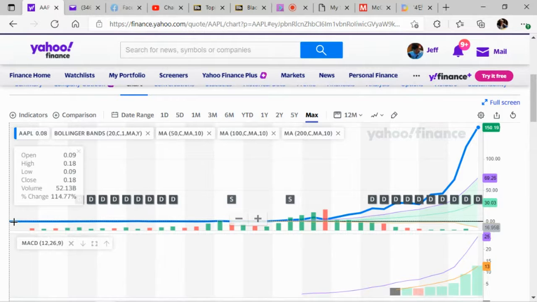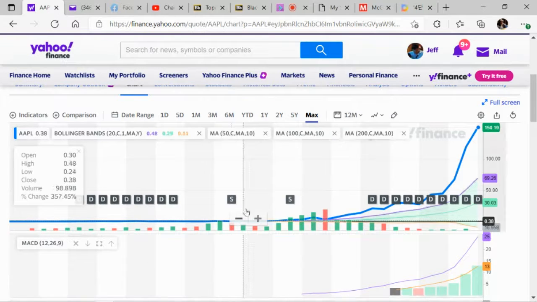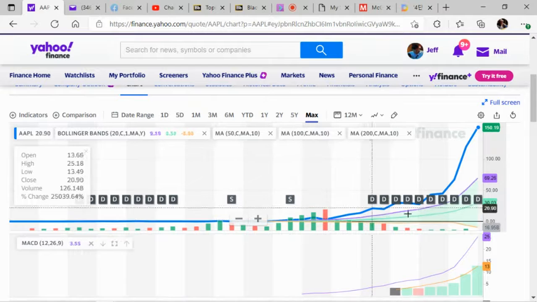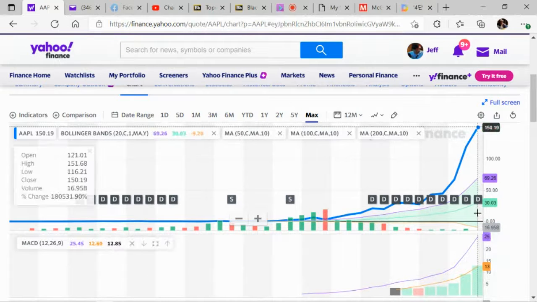Okay, open, high, low, close. These are like 18 cents. No, no, no. You have to understand that there have been stock splits, 2 to 1, 2 to 1, and even in recent years.